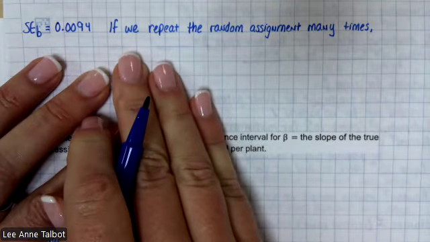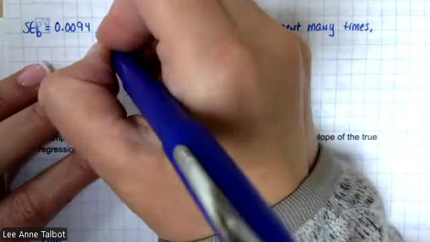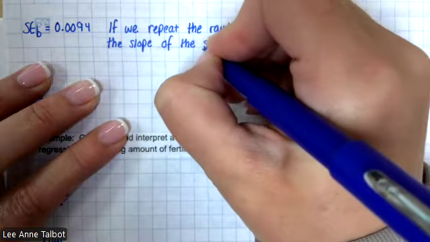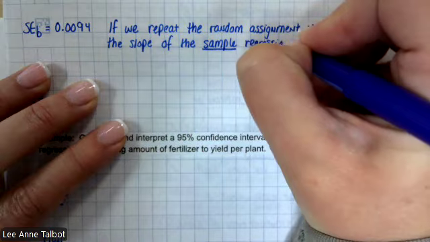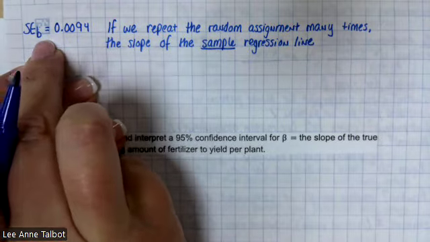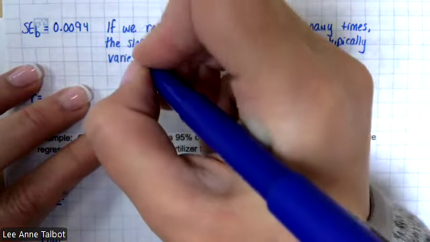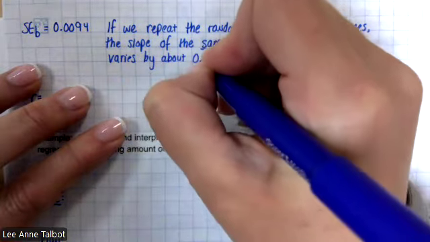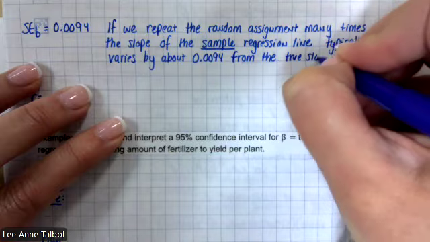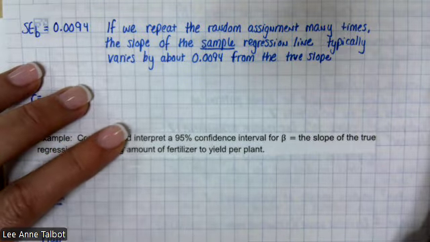If you remember back in the day, it used to say, if we take many random samples of size n equals 25 or whatever, if we repeat the random assignment many times, the slope of the sample regression line, sample meaning that little lowercase b, typically varies by about 0.0094 from the true slope.